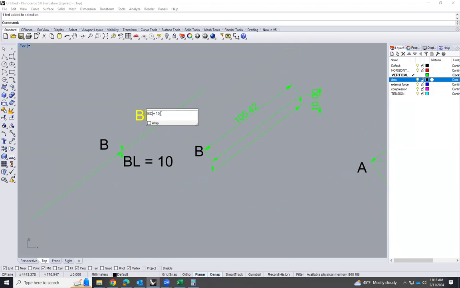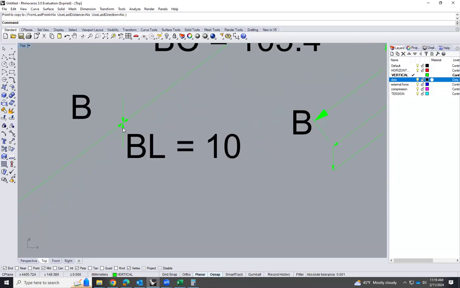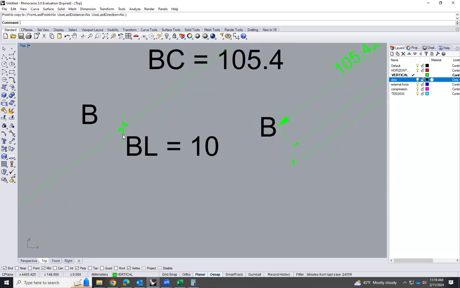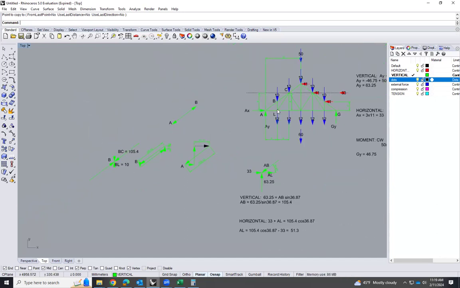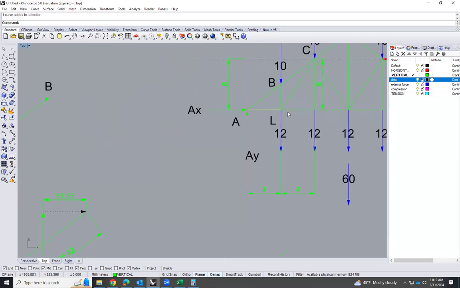So BC will be 105.4 going down. Okay, so this is what I got at point B. Now BL at point B goes up, so at point L it has to go down. So I'm going to analyze point L now.